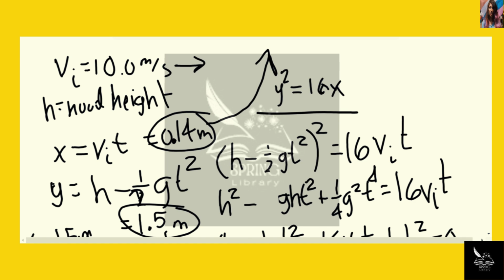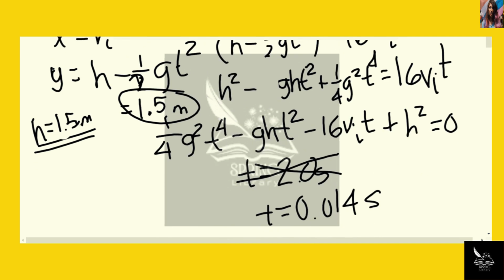And then on the other side, y squared is also 2.25. All right, so that makes sense.